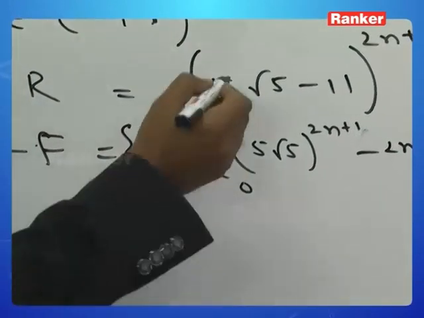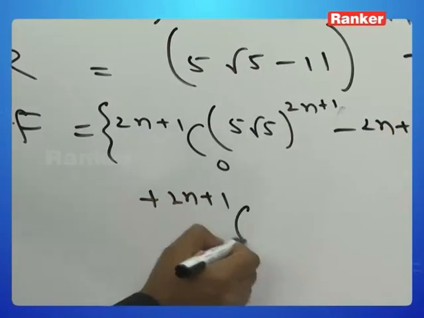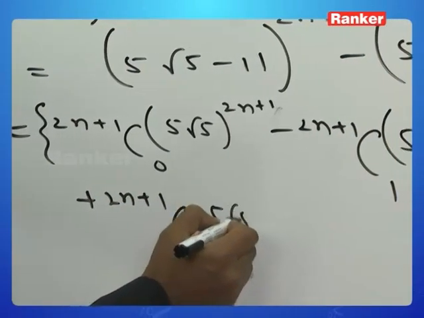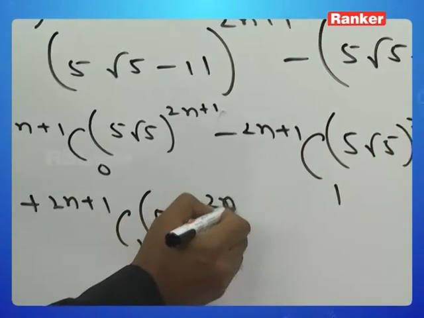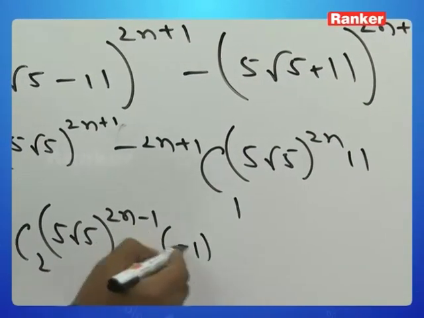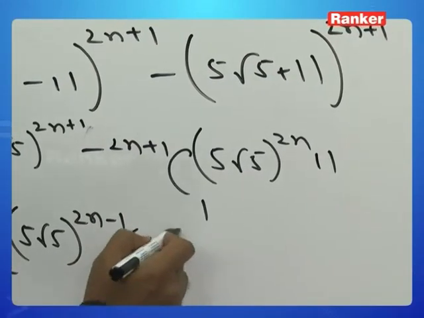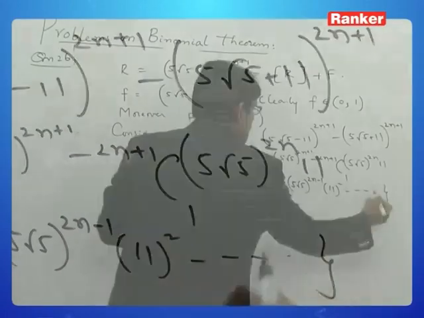I am writing the first expansion here, plus 2n plus 1 c2 into (5 root 5) raised to the power 2n minus 1 into minus 11 square. So that makes it plus 11 square, and so on and so forth.